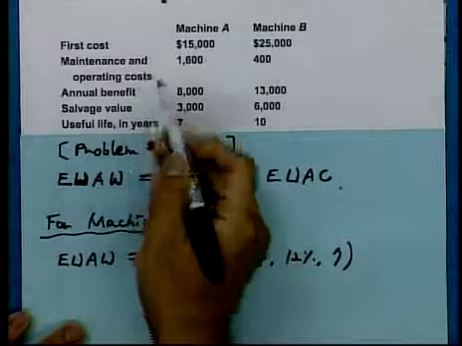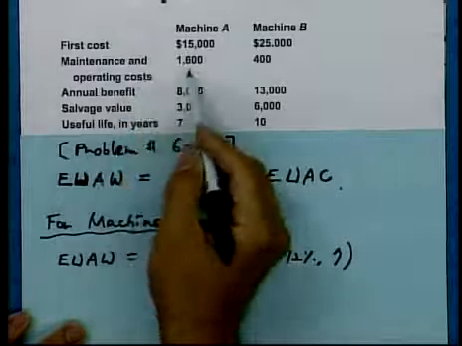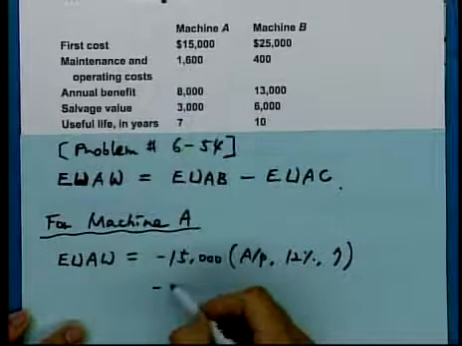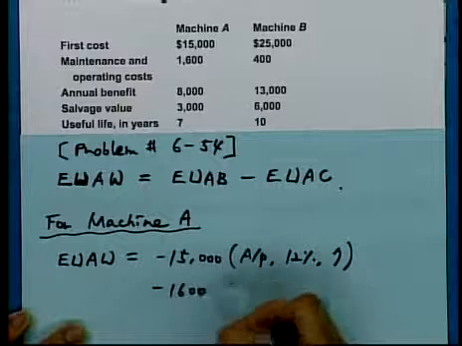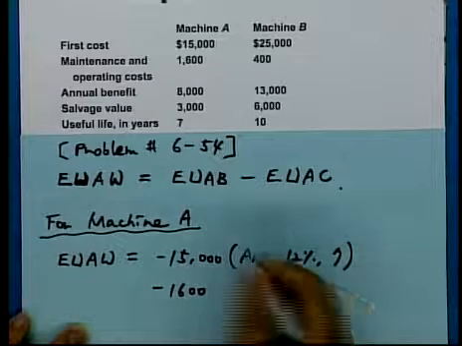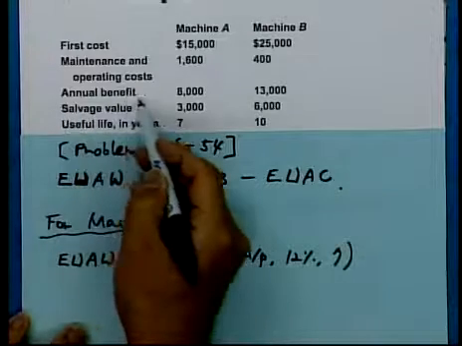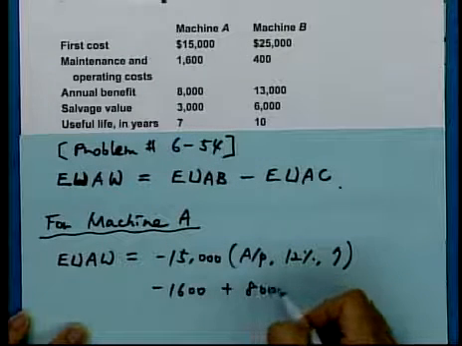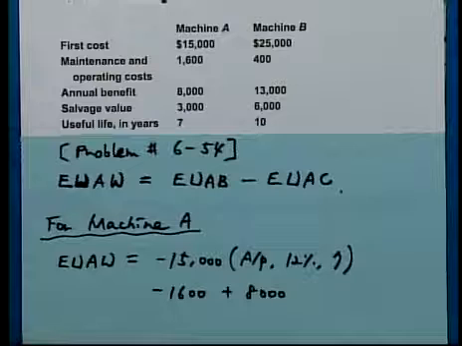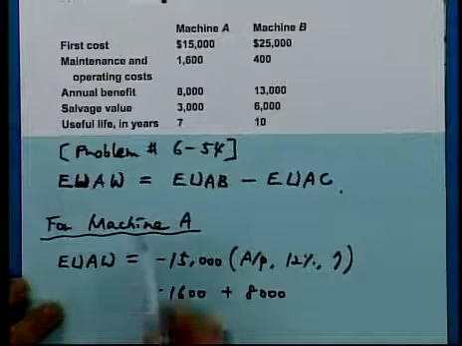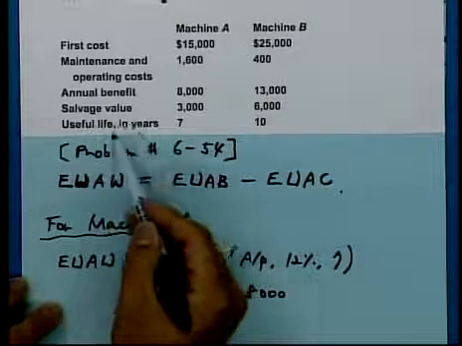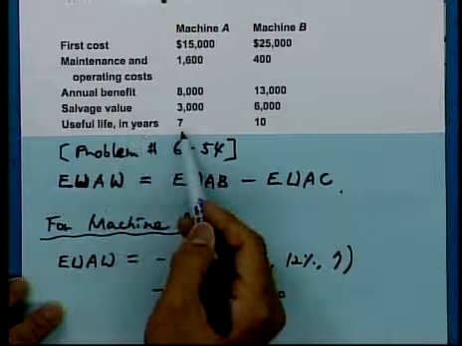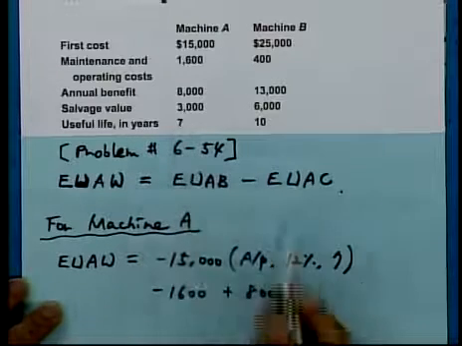And then annual maintenance and operating cost, which is $1,600. And also you need to consider annual benefit, which would be plus $8,000. And then you need to consider salvage value at the end of its useful life of 7 years.